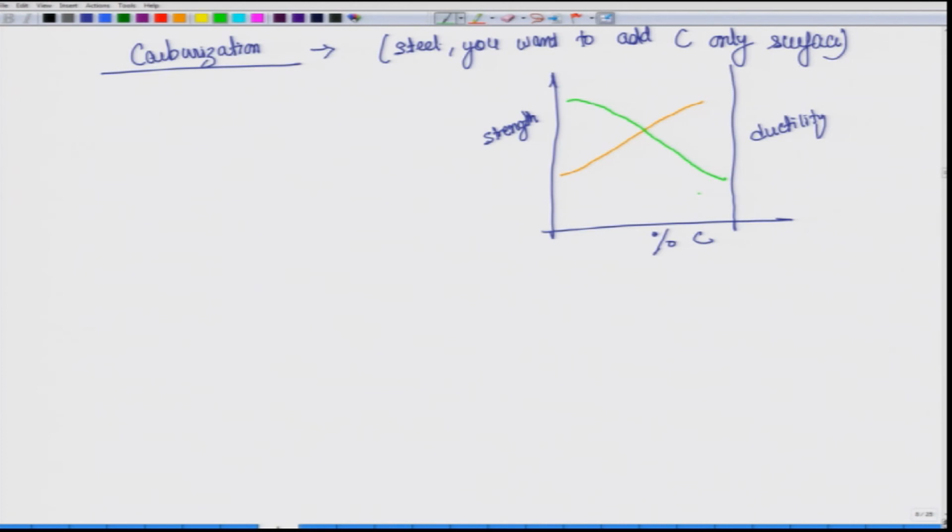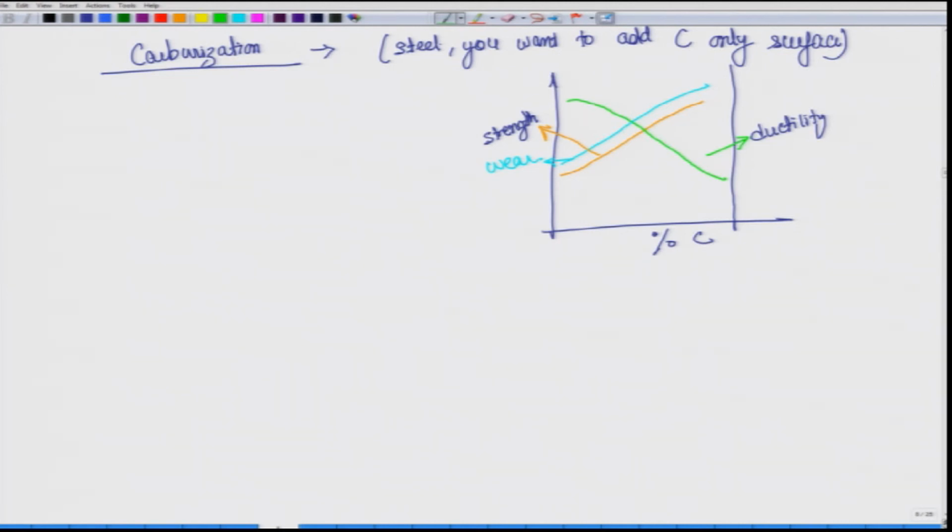Therefore, you do not want the material ductility to drop. But at the same time you are getting much higher strength, and along with that you are also getting very good wear resistance. So, this is ductility, this is strength, and the light blue one here is wear.